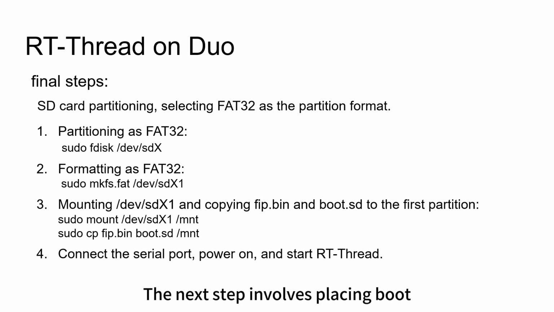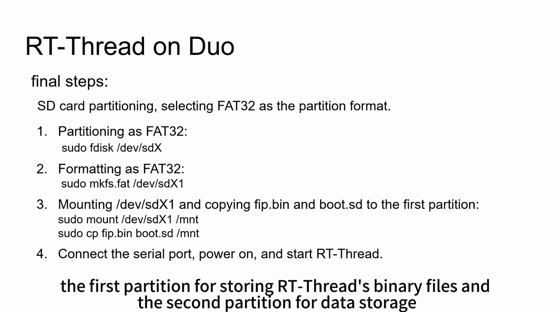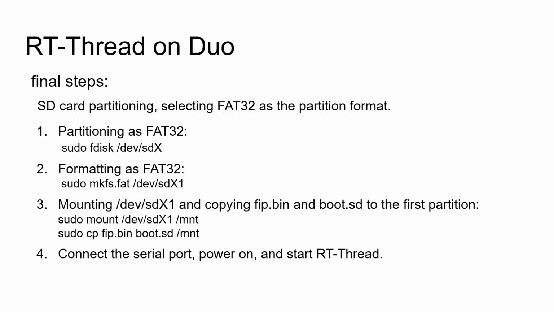The next step involves placing boot.sd and fip.bin onto the SD card. As mentioned in the slides, we need to partition the SD card into two partitions. The first partition for storing RT-Thread binary files, and the second partition for data storage.